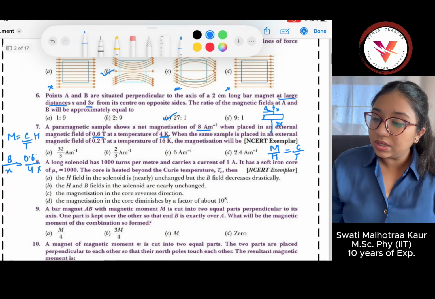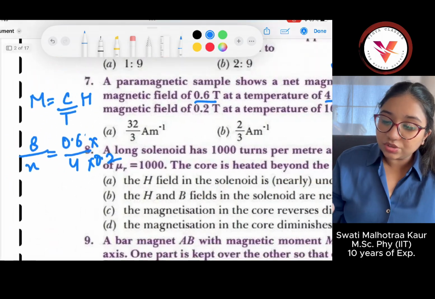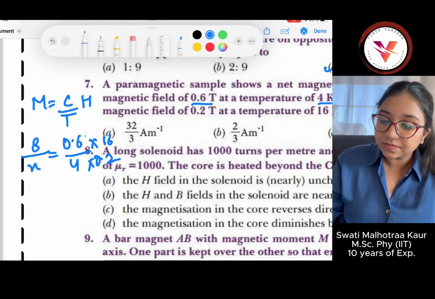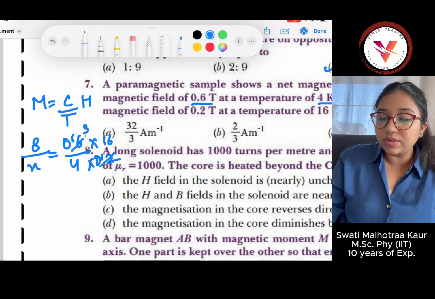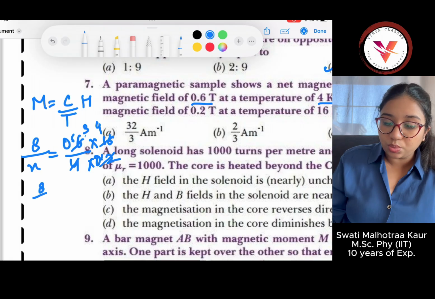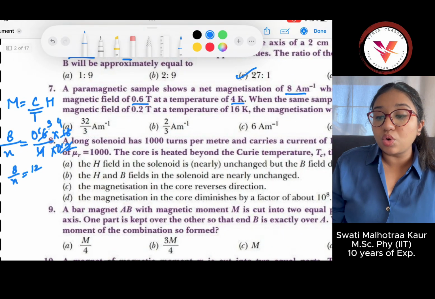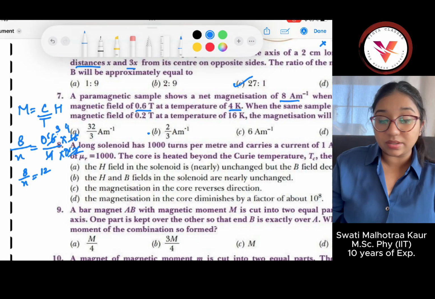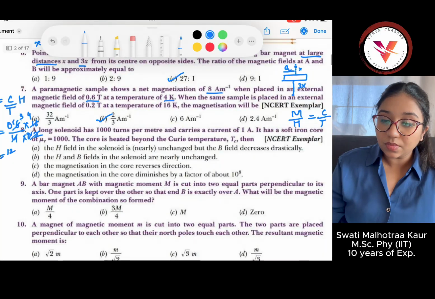For the other one, H is 0.2 and the temperature is 16 Kelvin. The decimals cancel out. So 8 by x is equal to 12, so x is 8 by 12, that is 4 by 3. Sorry, 2 by 3. That is B. So B is the correct one.